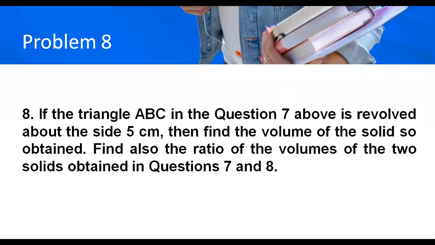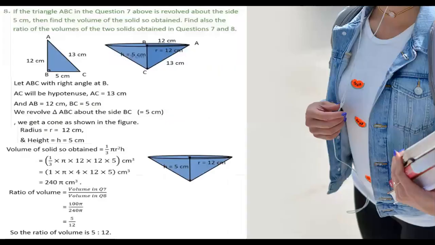Now coming to problem 8, if the triangle ABC in question 7 above is revolved about the side 5 centimeters, then find the volume of the solid so obtained. And we need to find the ratio of the volumes of the two solids obtained in question 7 and question 8. Now, in this problem, we are revolving around the side 5 centimeters.